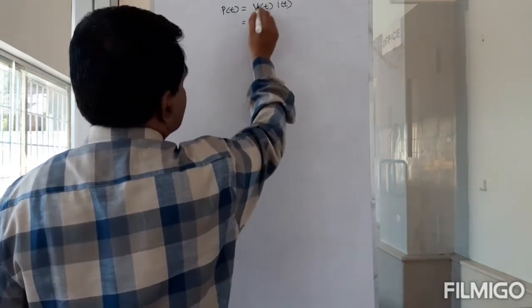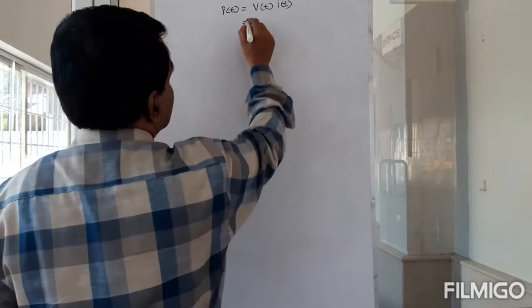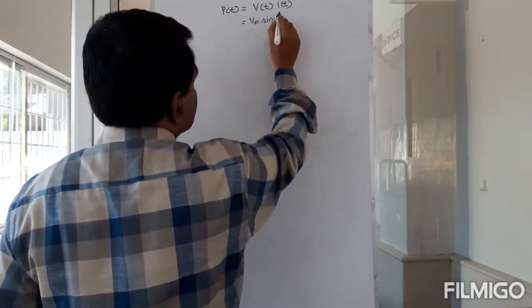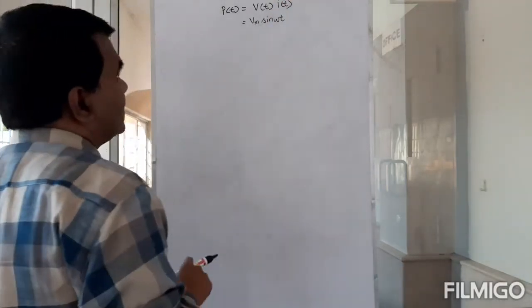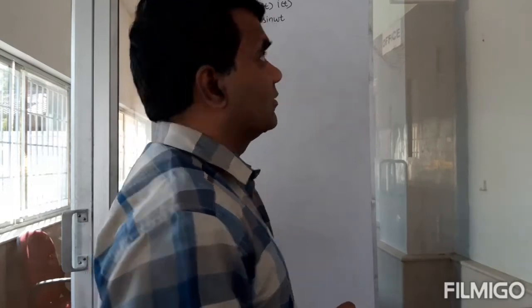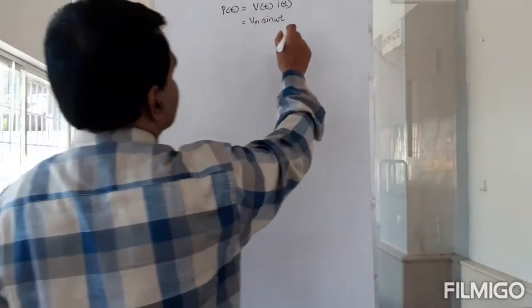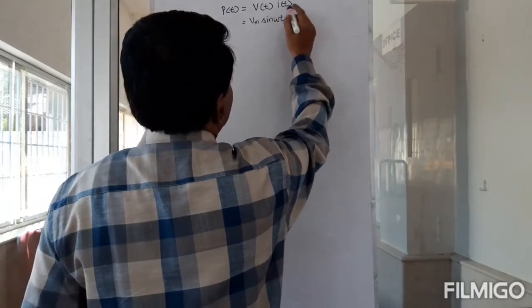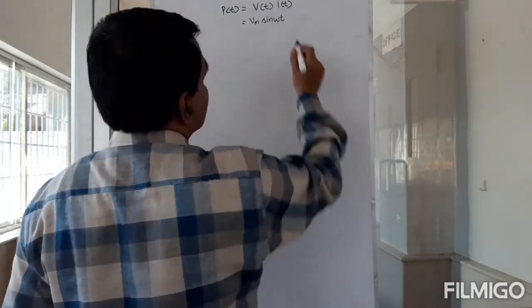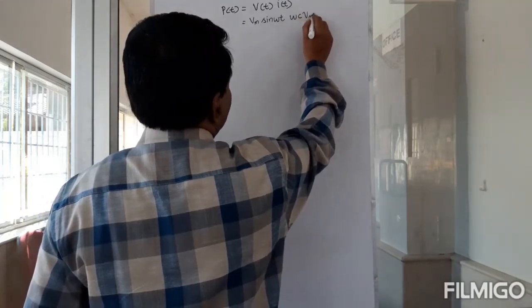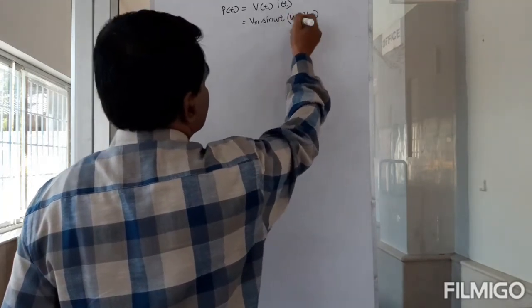Okay, so what is V at a particular time t? That is Vm sin omega t. And what about I of t? So what happened to that? What was your I? Your I was actually, we just saw, omega c Vm, that is Im, right?